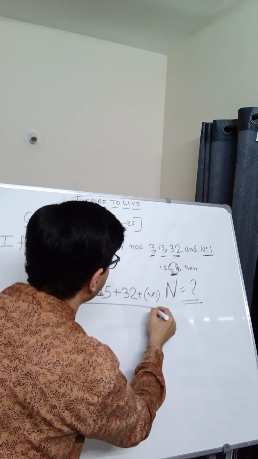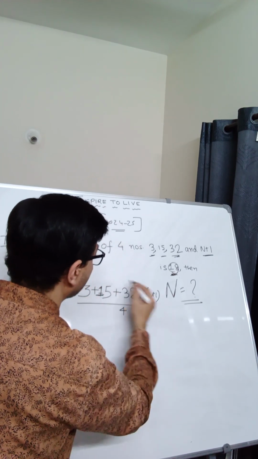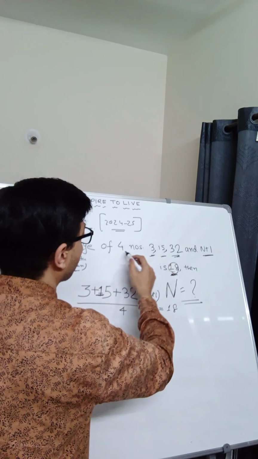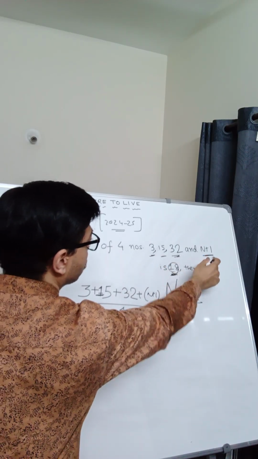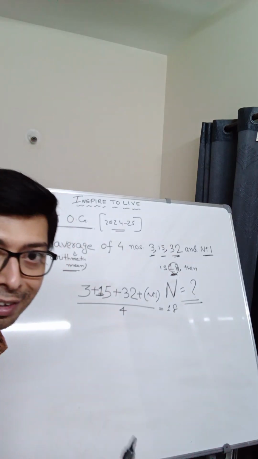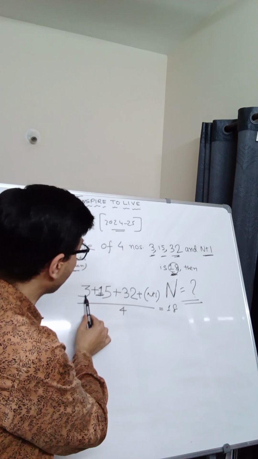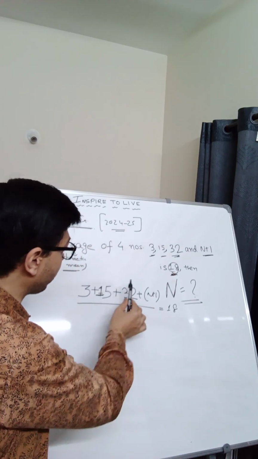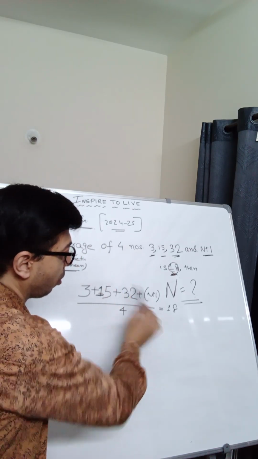The average of these four numbers is equal to 18. So we add all four numbers, 3, 15, 32, n plus 1, divide by 4, and that is equal to 18.